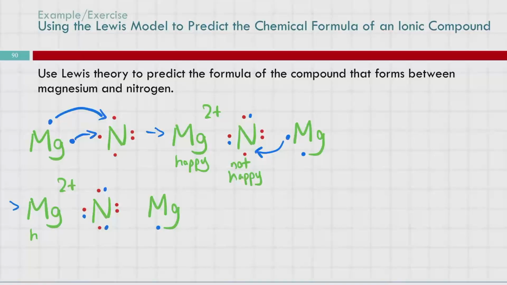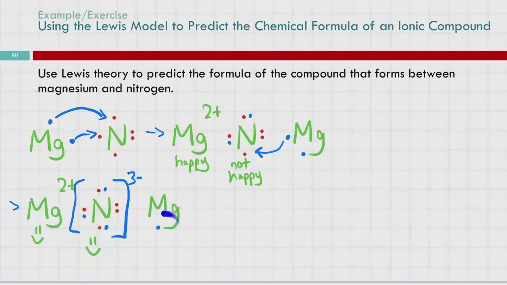So we steal one of those, and now nitrogen has picked up how many electrons? How many bonus electrons does nitrogen have? 3. So it's going to have a 3 negative charge. Is nitrogen happy now? Nitrogen is happy.